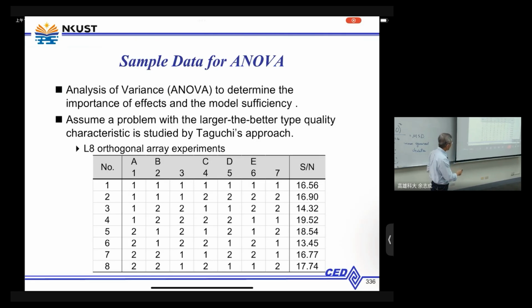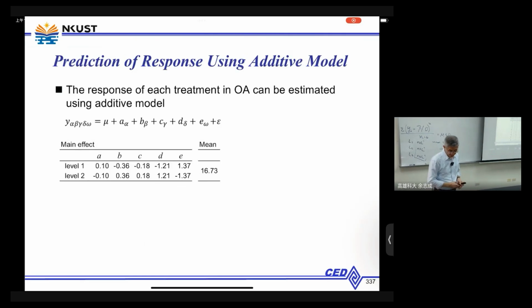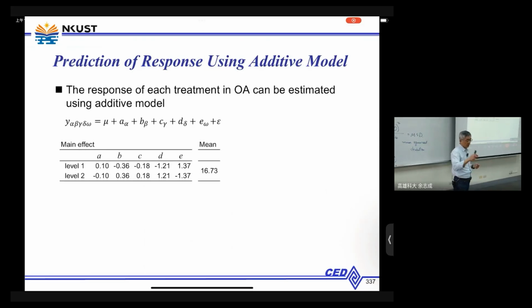If we arrange it this way, and this is the L8 signal to noise ratio, we want to find the effect plot, the response table. For the response table, we first want to write out the additive model.